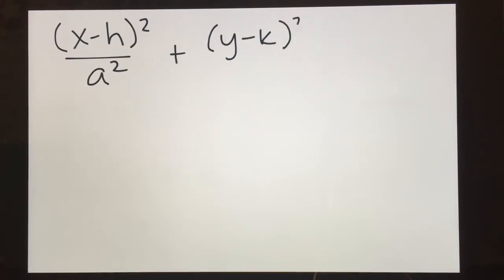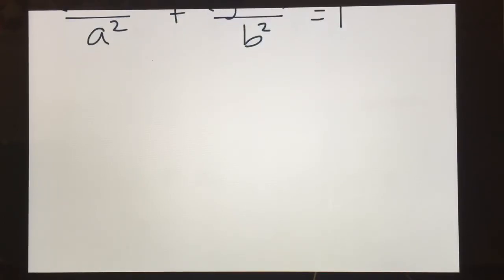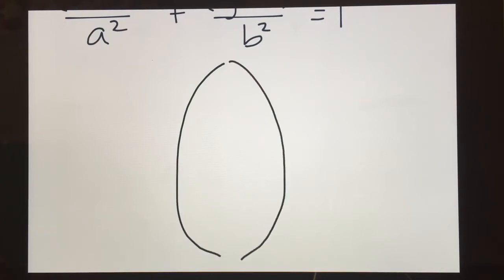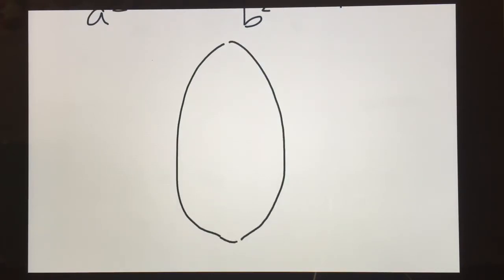So I'm going to go ahead and write the equation out again, only this time we're going to be this shape. Okay, so again, here we have our center at h, k.